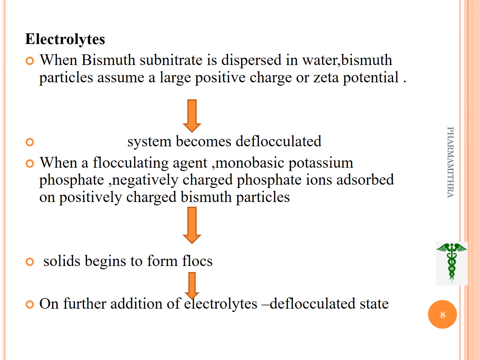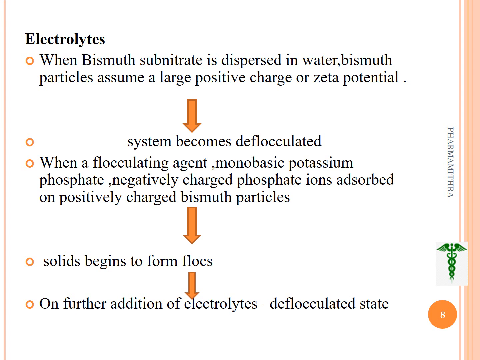So we said flocculating agents are of three types. First we think about electrolytes. Today when we are dispersing bismuth subnitrate as our reagent in water, bismuth has a large positive charge or zeta potential. So the system becomes deflocculated. To this bismuth subnitrate, we are adding a flocculating agent, let it be monobasic potassium phosphate.